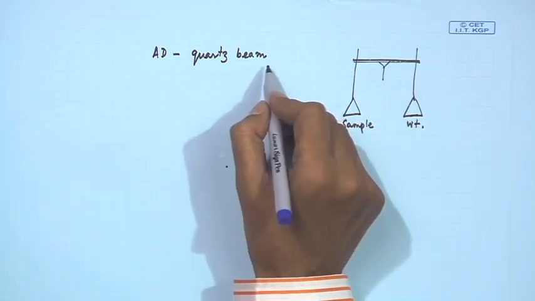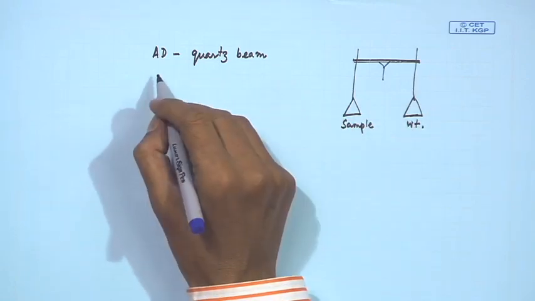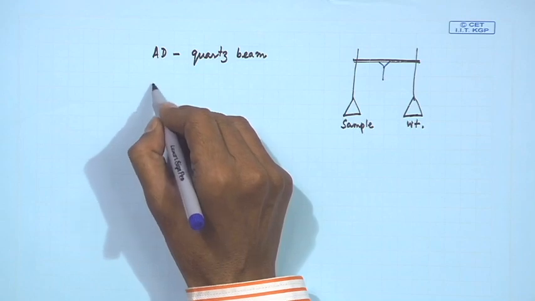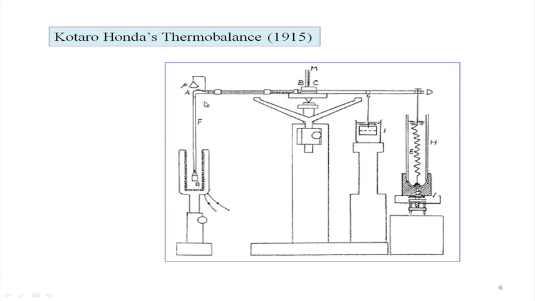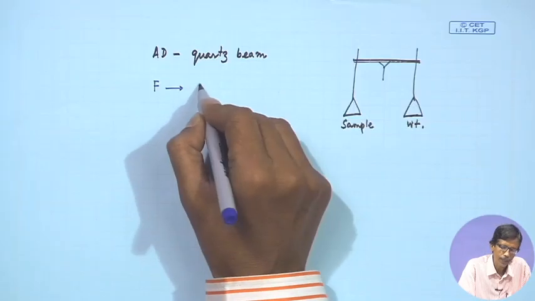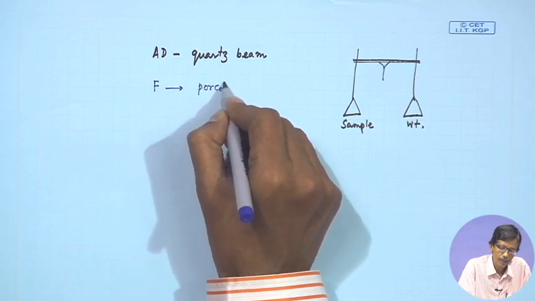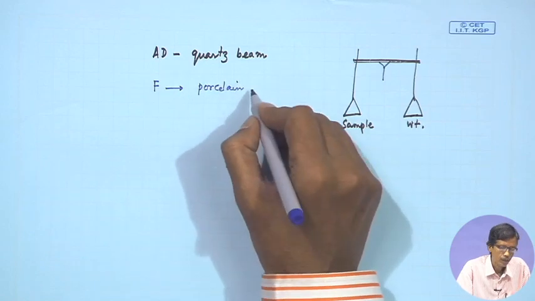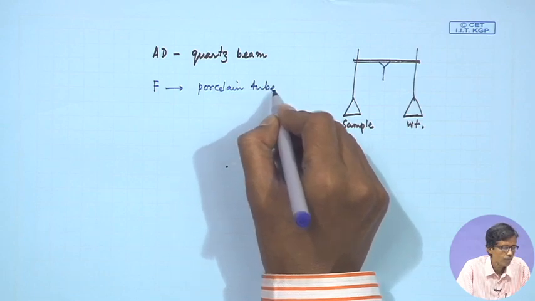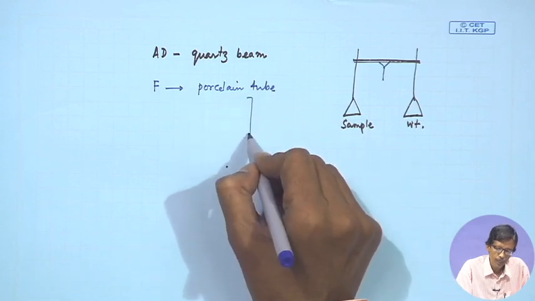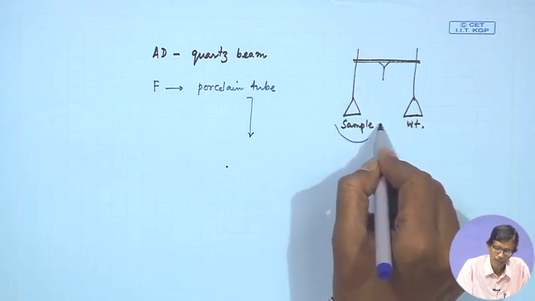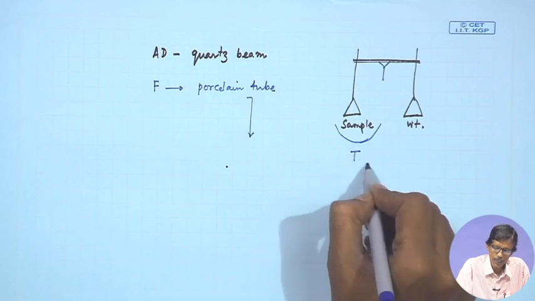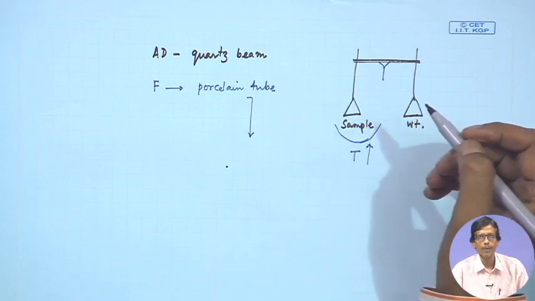So, you have AD as the quartz arm, and the interesting thing is that we have a porcelain tube F. This F is typically a porcelain tube, and this porcelain tube goes inside, where we keep the sample, because we want to see the temperature effect on that particular sample.